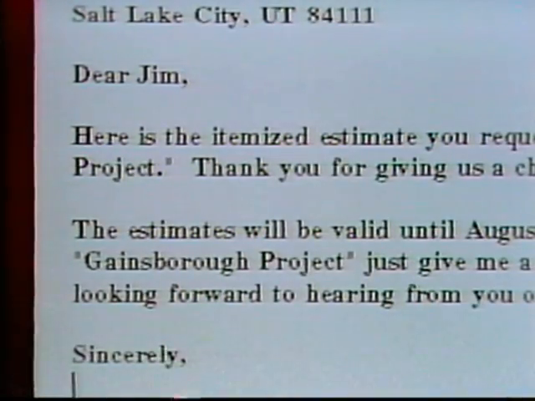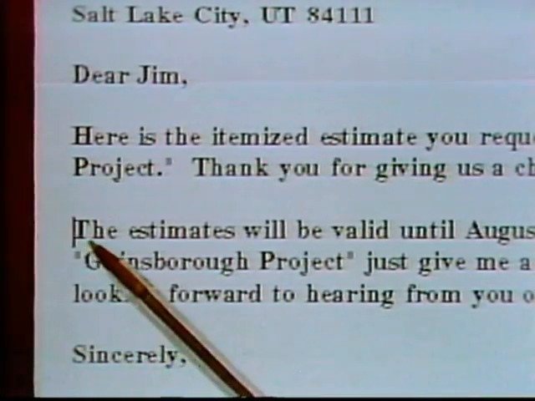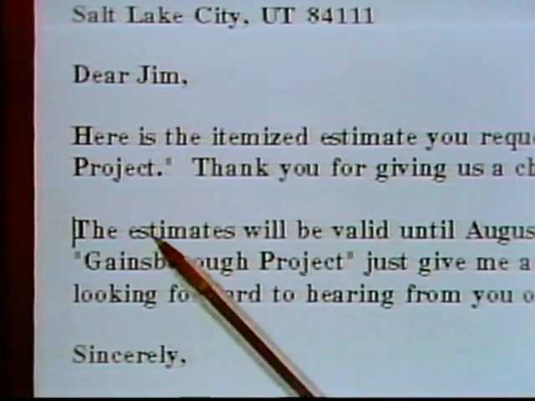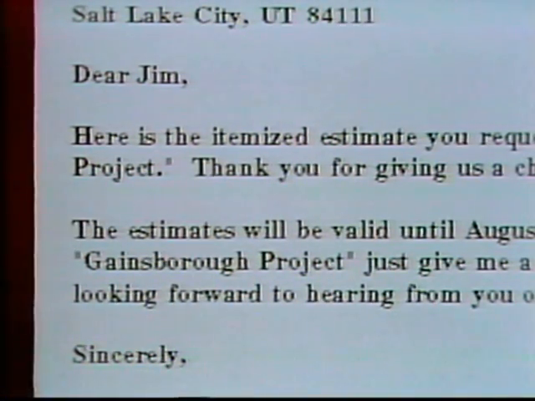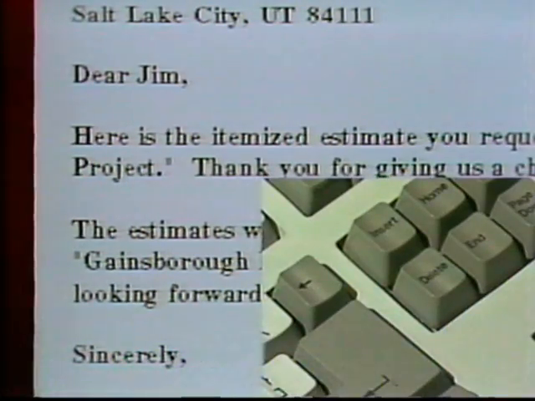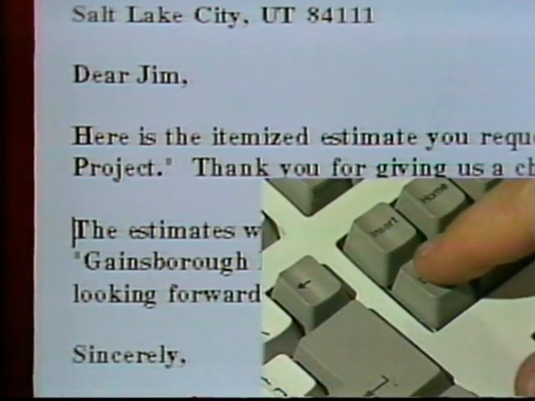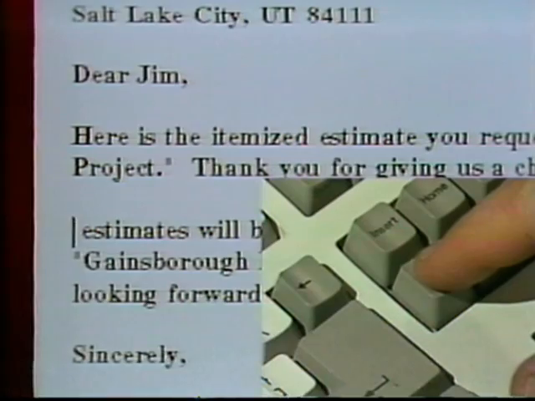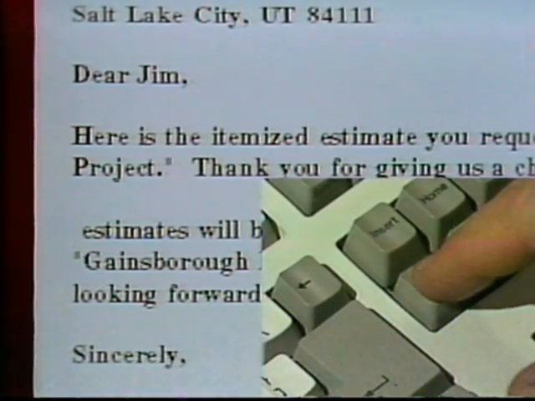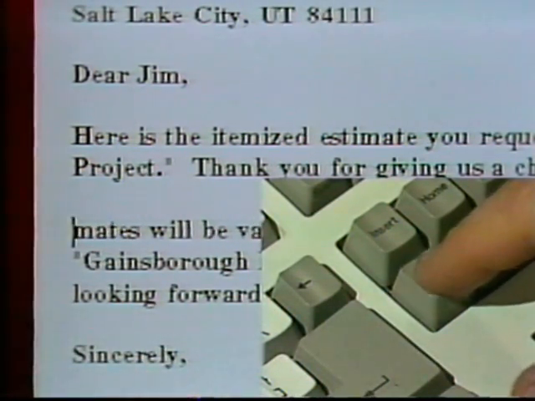Next, we'll show how to delete and how to undelete items in our document. There are several ways we can delete an item. Move the cursor to just before the item, just to the left of the word. Then, use the delete key on the keyboard, and everything to the right of the cursor is deleted.